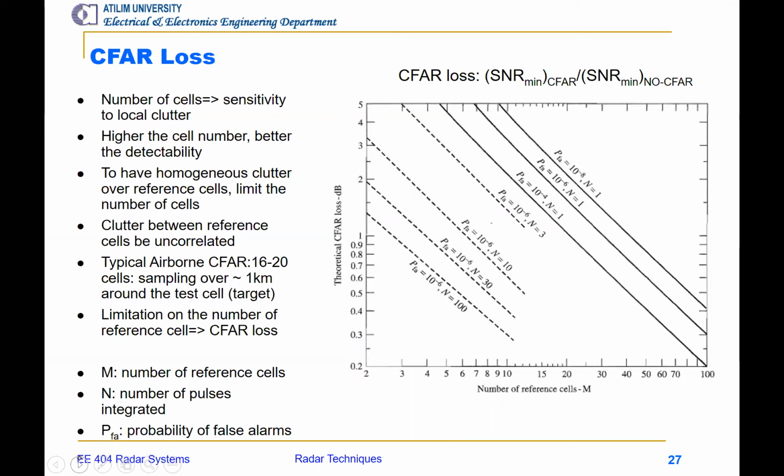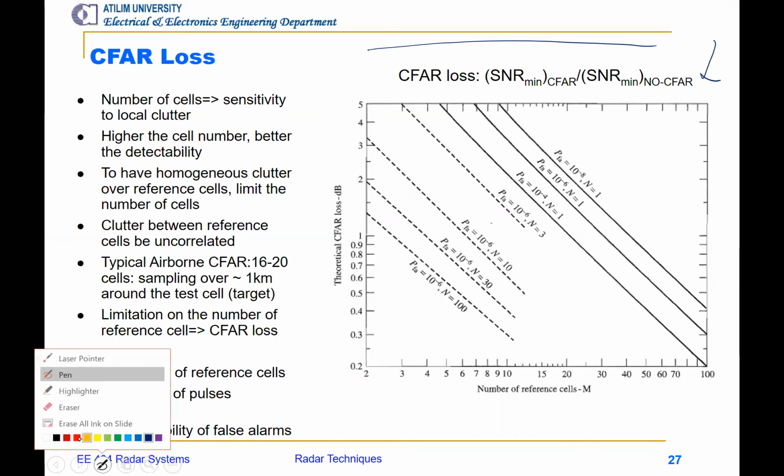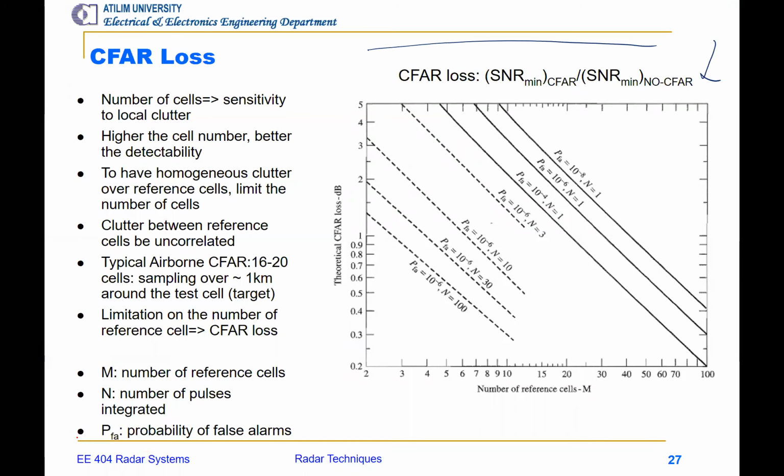And on this graph here, we see how CFAR loss is varying with the number of reference cells, let's say M here.